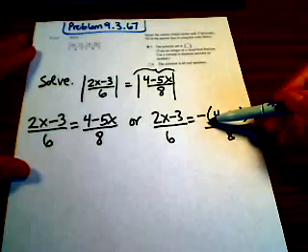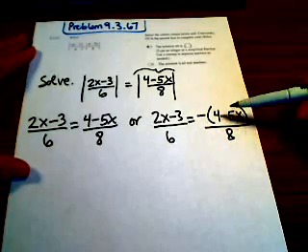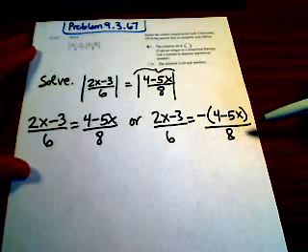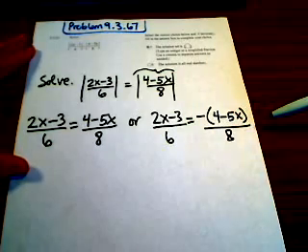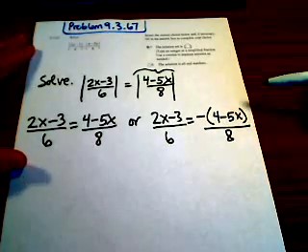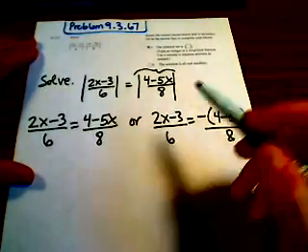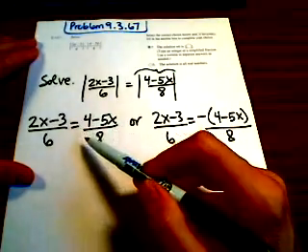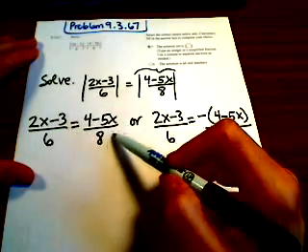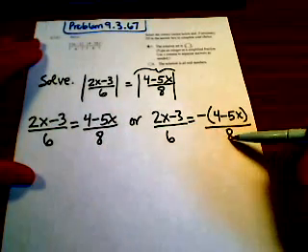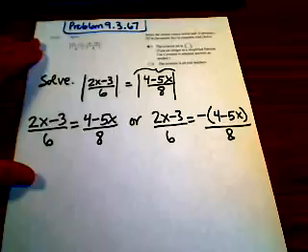And notice that I've put the negative on the outside of parentheses because it's a binomial term in the numerator. I need to actually distribute the negative there. So I'm doing the same thing in this problem that I did on the previous problem. I'm just treating this as the constant term. So here's the positive of the constant, here's the negative of the constant, and I need to distribute the negative.